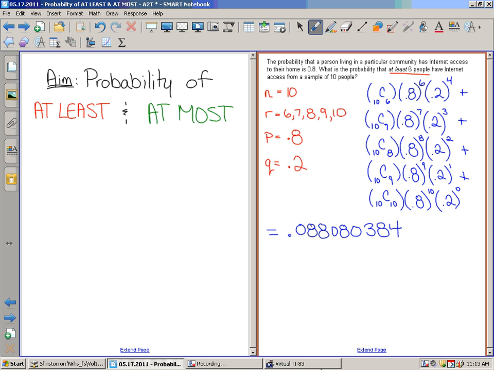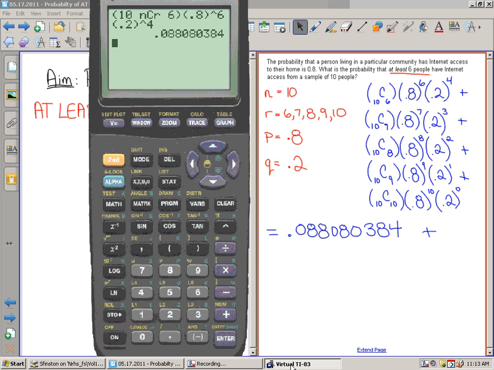Okay, there's the first one. Plus. Now wait a minute. It's not as bad as it looks, because let me show you a little cheap shortcut that you could take. You see how I entered it in once? Second entry, and then just replace it. This has got to be a 7.